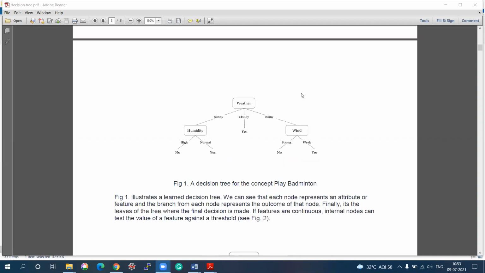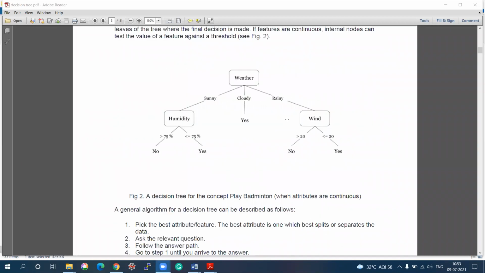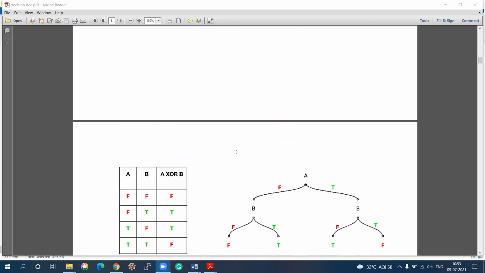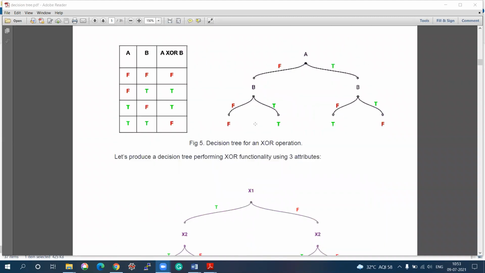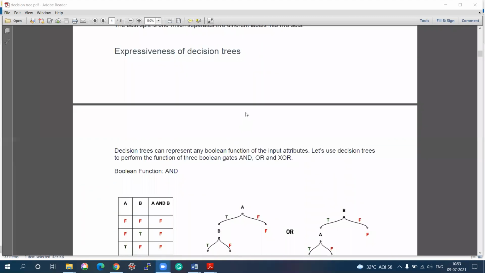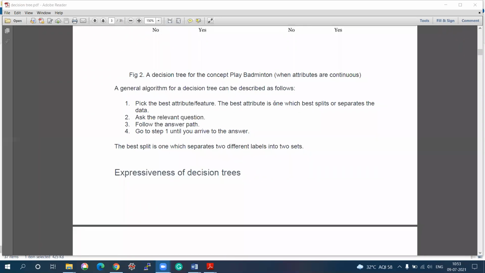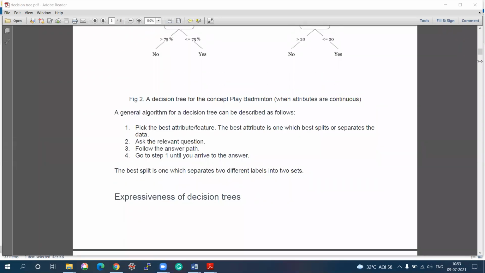To answer how to make the decision tree, we will go through one example. But first you have to know two things: one is entropy and another is information gain. Entropy is the uncertainty of choosing any decision at any attribute.